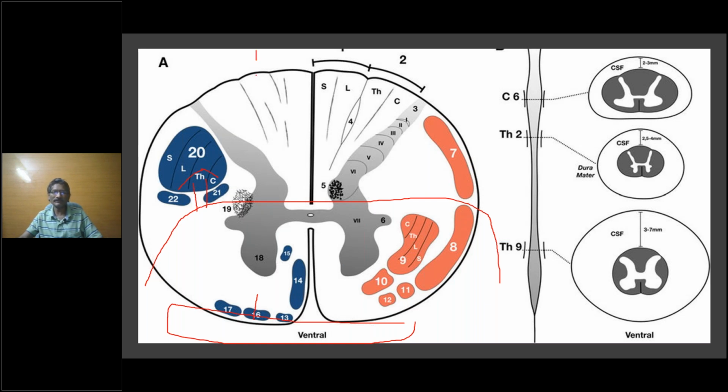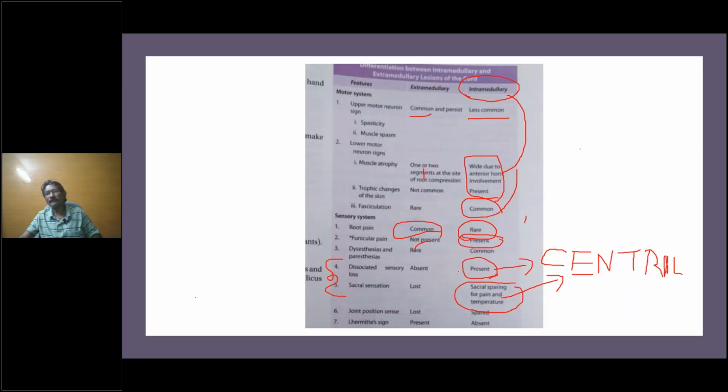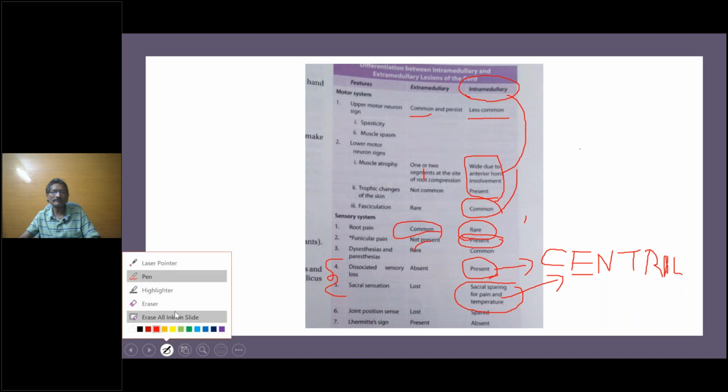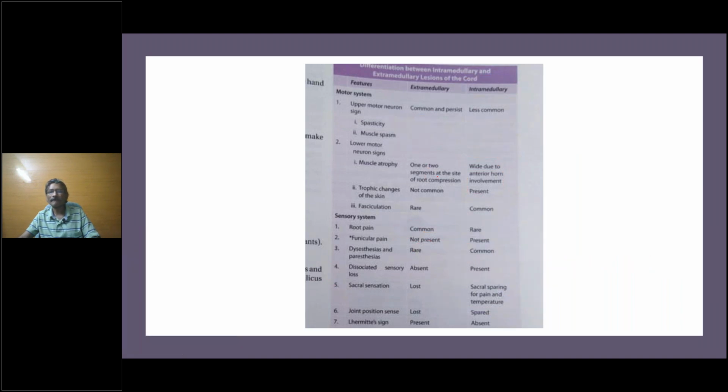For example, if it expands from behind, then the pyramidal tract can be affected more commonly. So it depends on from which direction the lesion goes to tell whether these things are common. So all the differences which have been elaborated here are based on the assumption that the lesion is central and it expands.